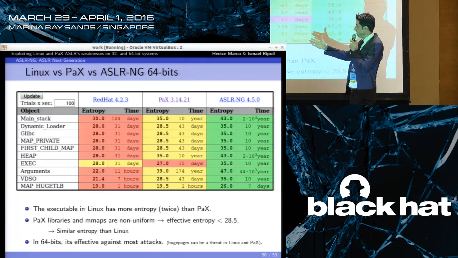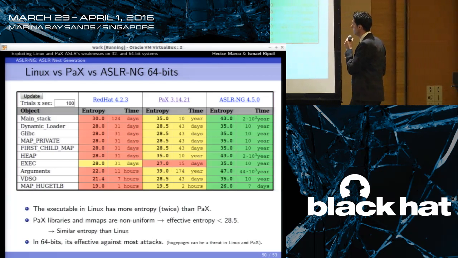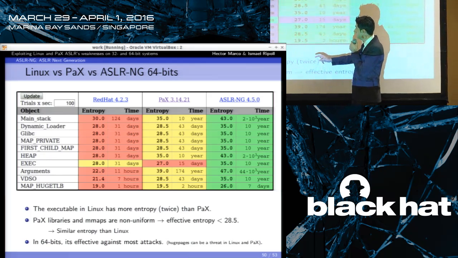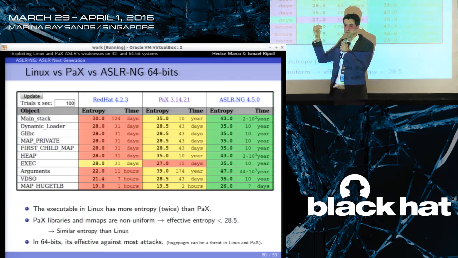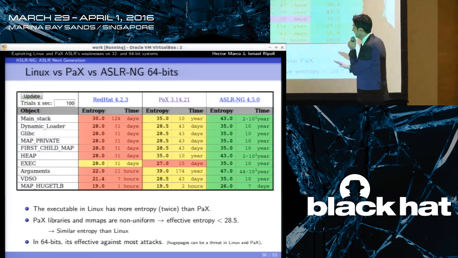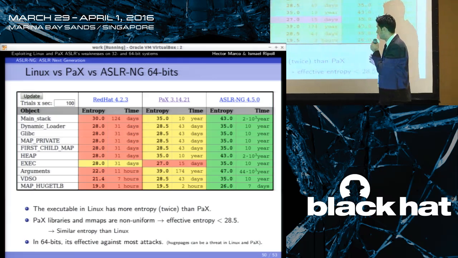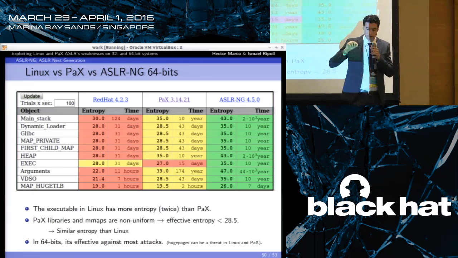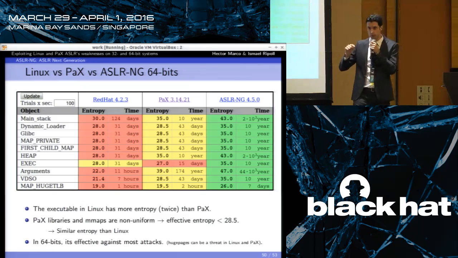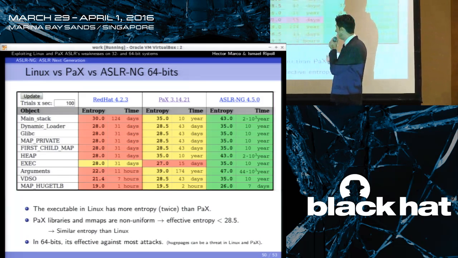And in 64-bit architectures, obviously, we have a lot of entropy. The only thing that we found, thanks to the tool developed by us, is that the executable in PaX has half the entropy of Linux. We don't know exactly why, but seeing the code, it seems that they use only 27 bits of entropy. So if the goal is to guess where the executable is in memory in a Linux 64-bit architecture, then Linux is more secure than PaX.